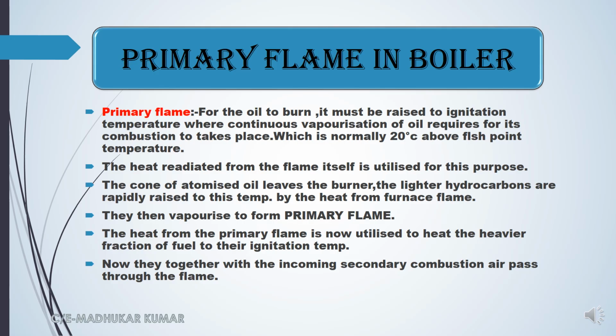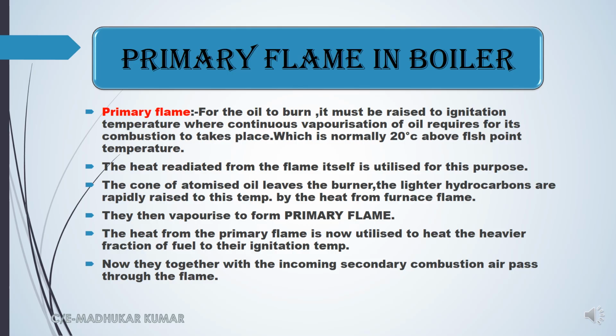Okay, now we will try to understand the primary flame in the boiler. What are the functions of the primary flame and how is it formed? Okay, so for the primary flame, the oil to be burned must be raised to the ignition temperature. The temperature is such that continuous vaporization of oil is required for the combustion to take place.